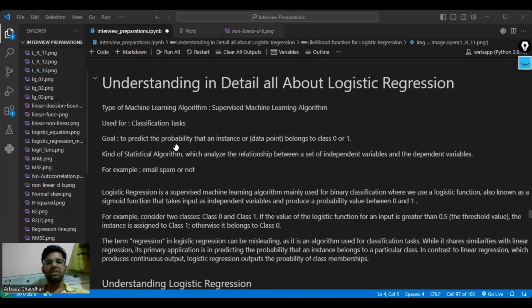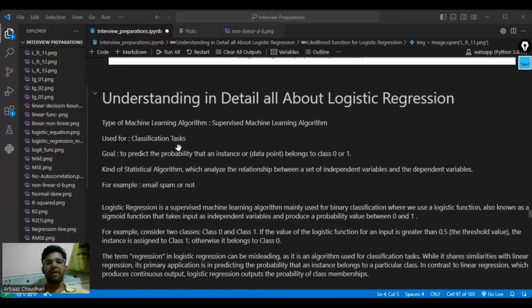The main goal of logistic regression is to predict the probability that an instance or a data point belongs to class 0 or class 1. Suppose you have a set of independent variables and you have to predict whether it is of class 0 or class 1. What algorithm will you use? You will use logistic regression.